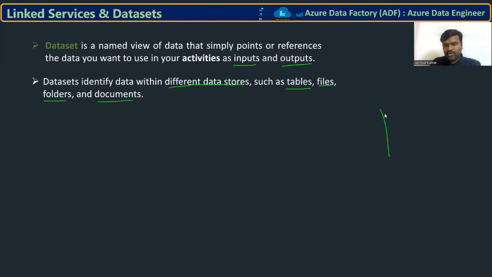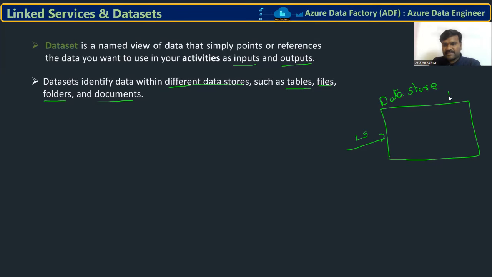So as I told, by using a linked service, you can just reach that particular data store. That's all. Then within this data store, if it is a server, if it is a database, you are going to have tables. If it is a blob storage, you are going to have files.